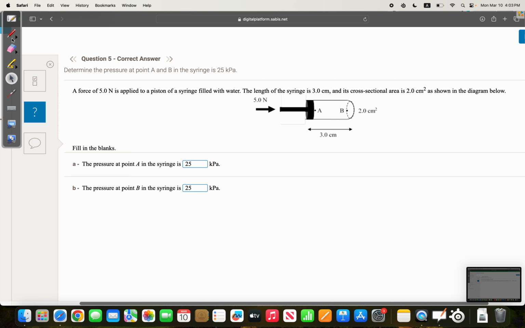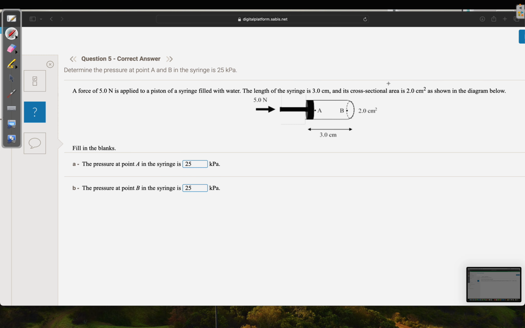Okay, so first let's find the pressure at B because it's easier. So to find the pressure at B, we're gonna have to do 5, which is the force, over the area, 2 centimeters squared. But we're gonna have to make it into meters squared. So we're gonna have to do 2 divided by 10,000.